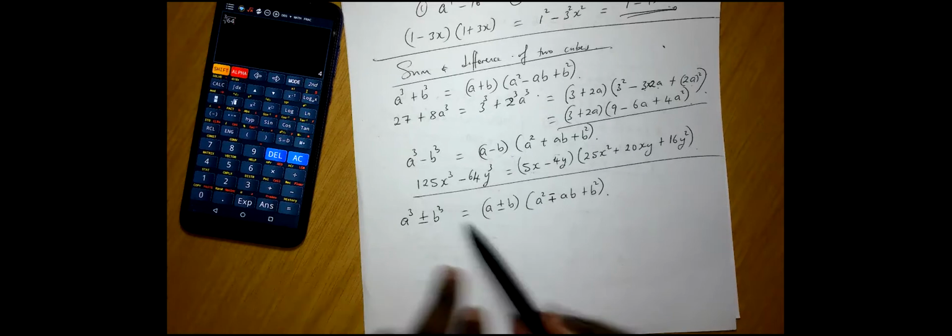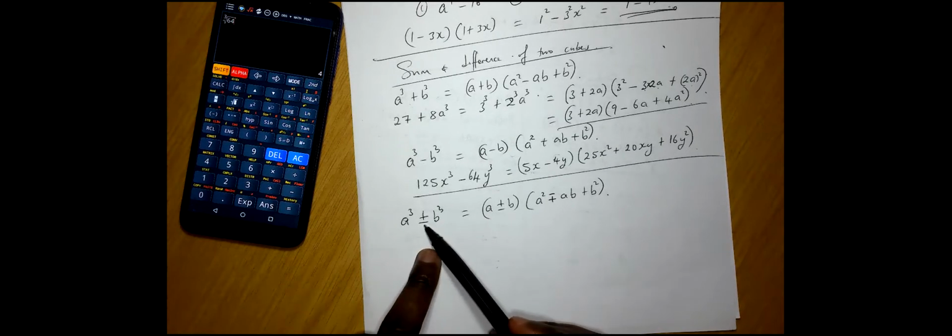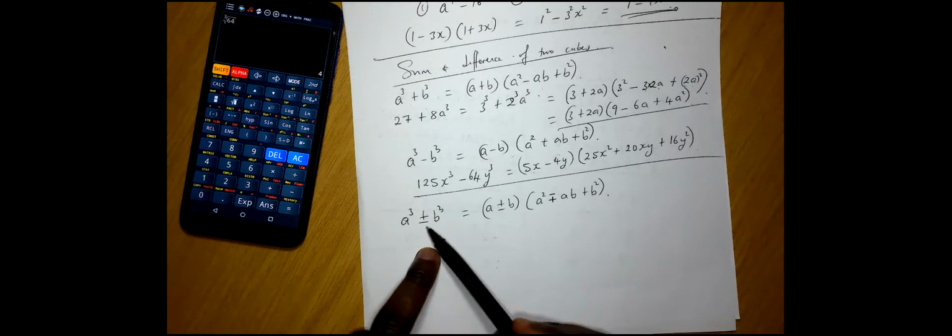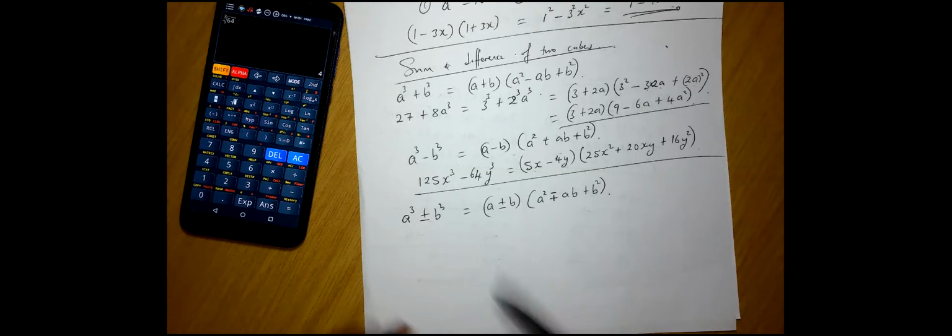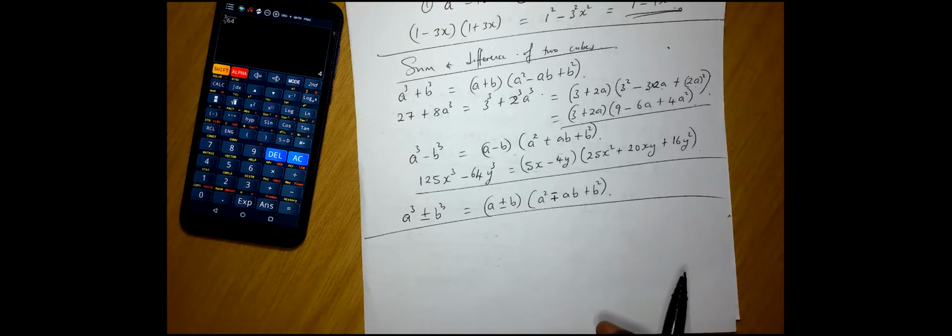Because remember, the sign on the b is on top here, but here it is vice versa. But here it is still the same as this. That's what you just need to remember when you're dealing with the sum and difference of two cubes.